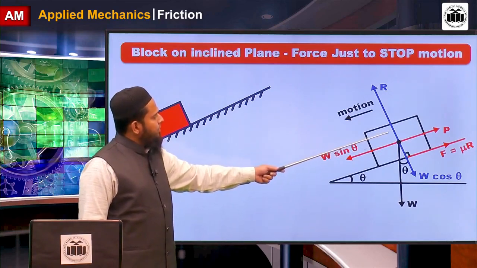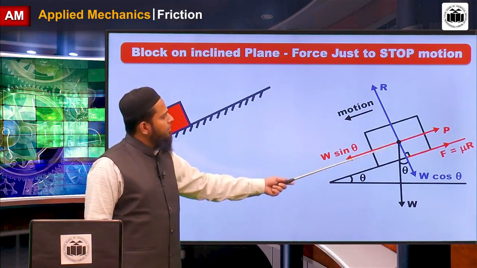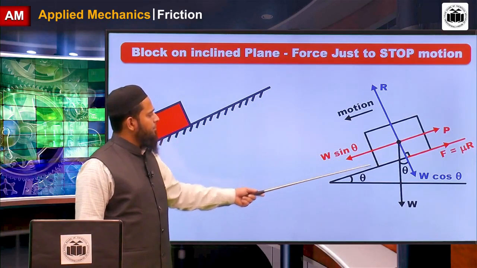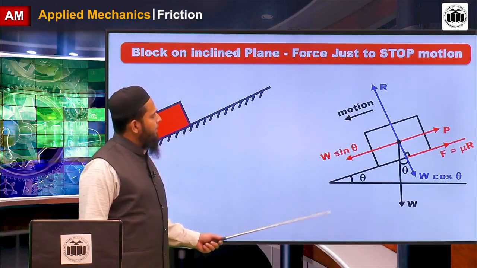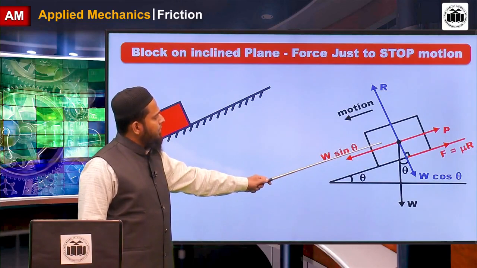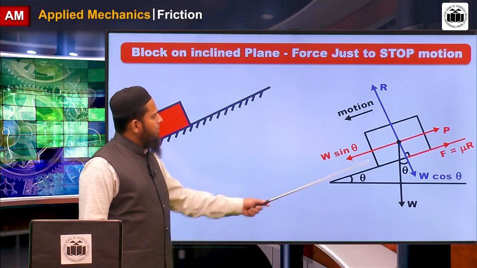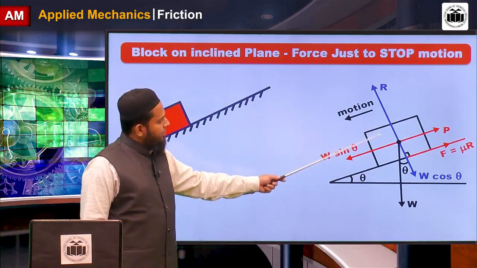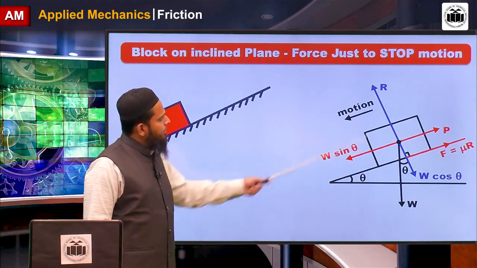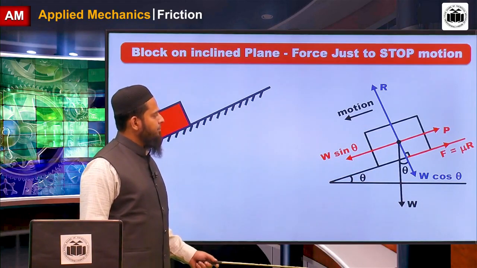When motion is in downward direction, the frictional force is always in upward direction. But in this case, W is not along or across the plane. So resolve this. Along the plane, W sin theta, and across the plane, W cos theta.